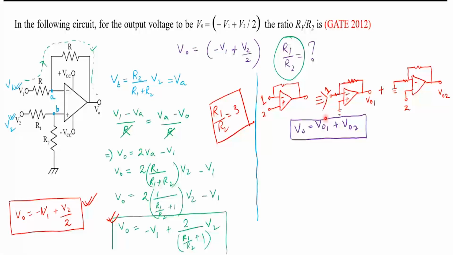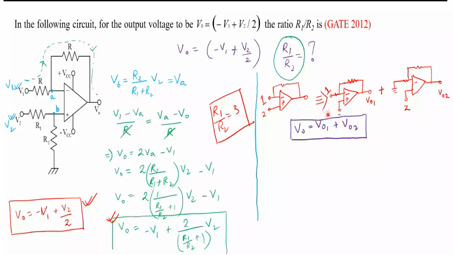In one case, you apply the input at 1 and you ground the input at 2, and you calculate the output. That one I am denoting by V01. In the second case, you ground the one input, and in the second input you give the supply. Then you calculate V02. If you sum up these two, you'll get the net output. Fine?